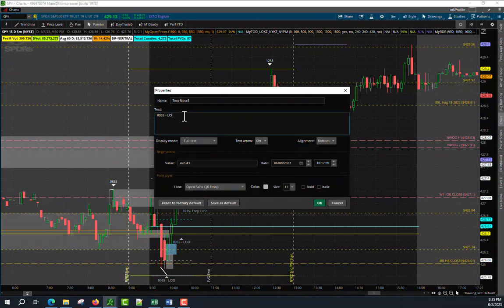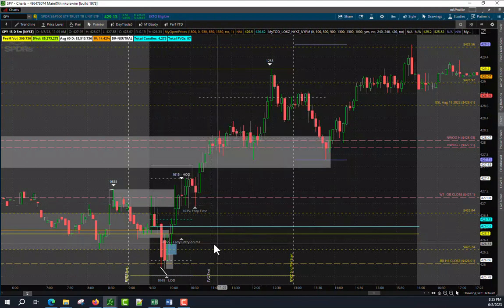So 5:55, we can say early entry on M1. Okay, so let's do that.